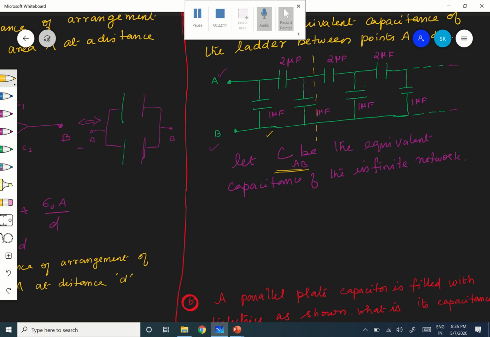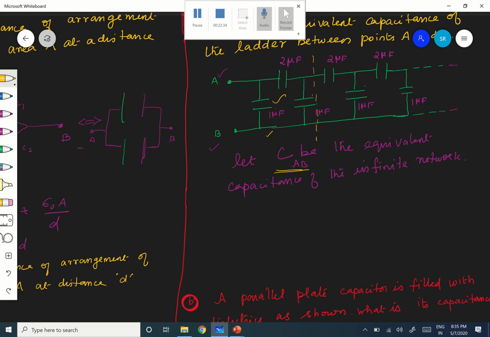Up to this yellow line, I have cut it, and the equivalent capacitance for that is nothing but CAB. Adding one more segment to it is not going to change the equivalent capacitance.